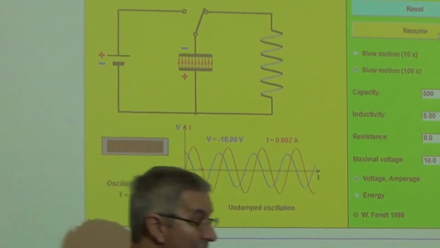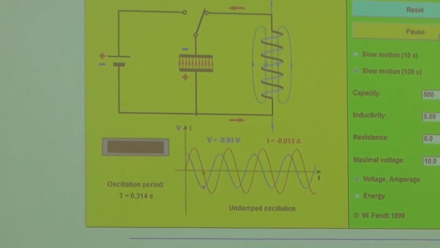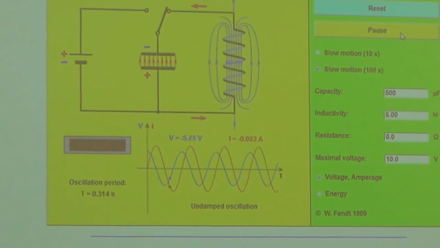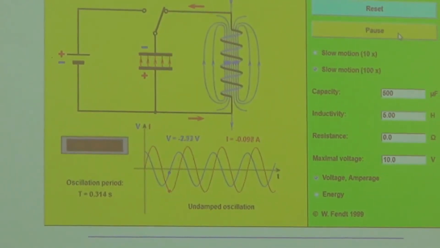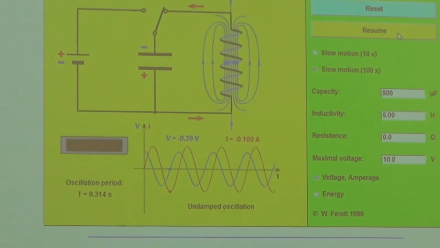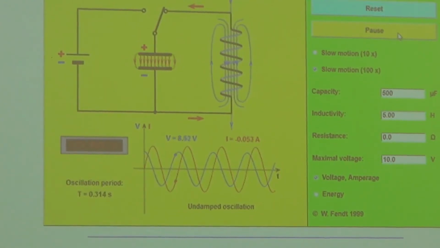So as it goes back, you can see that it goes in the opposite direction. All right, I got it now. And now you can see it's got to move back to its initial state here. And this is the oscillation right there.